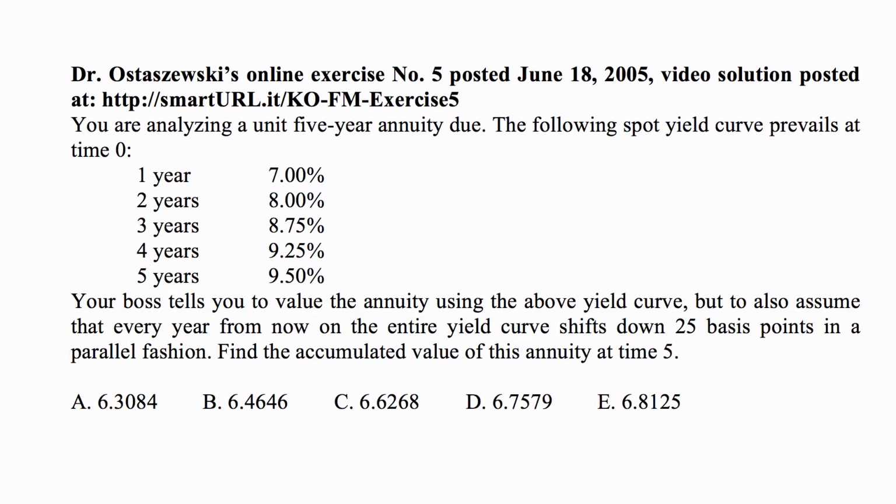The 3-year spot rate will be used in 2 years, so over 2 years it will shift down by 25 basis points twice, to 8.5% and then 8.25%. Then the 2-year spot rate will be applicable 3 years from now, and there will be 3 downward shifts of 0.25%, so it will be 7.25%. And the 1-year spot rate will shift down 4 times by 25 basis points to 6%. That's where all these numbers came from.